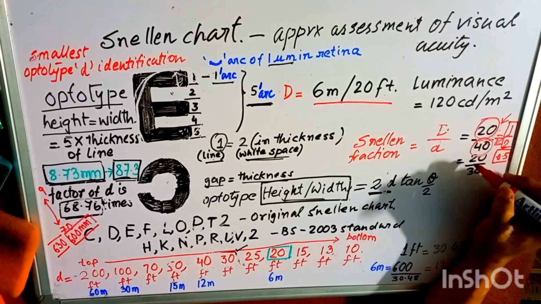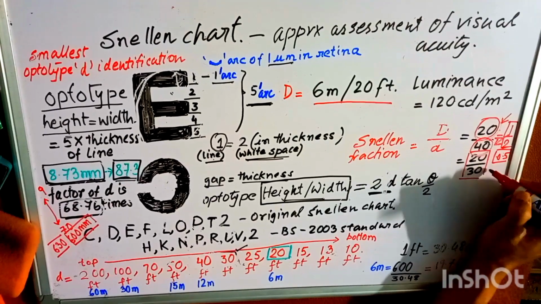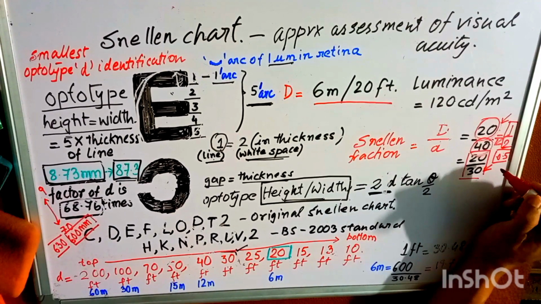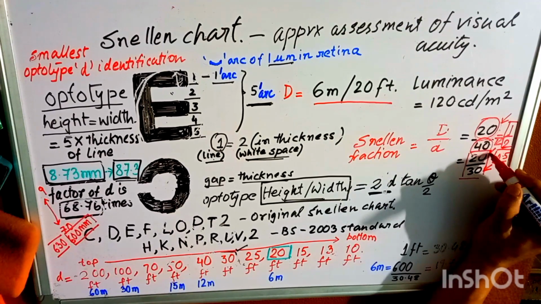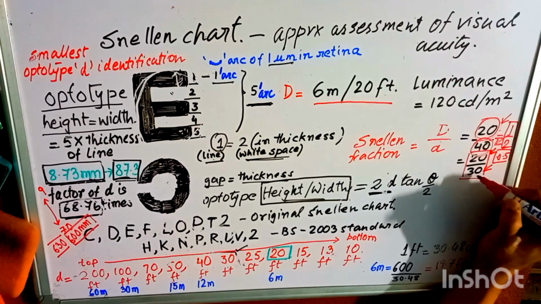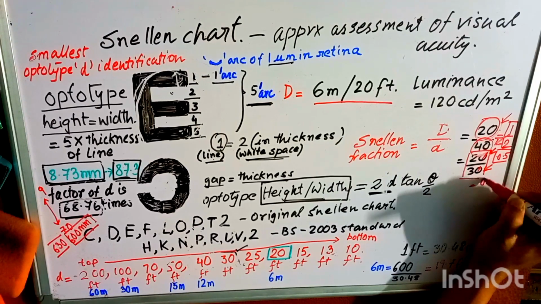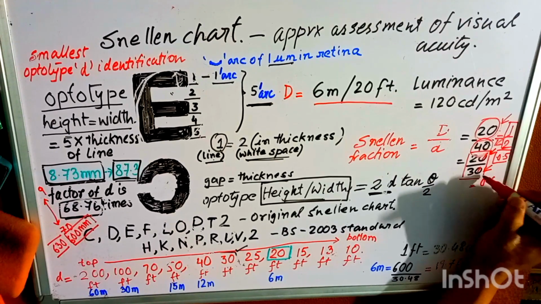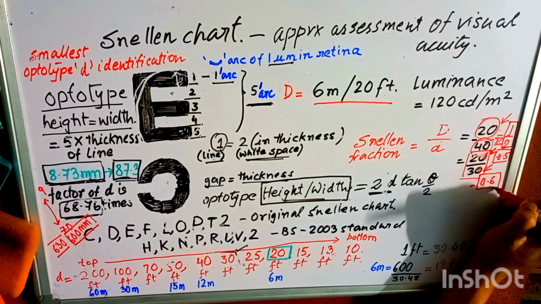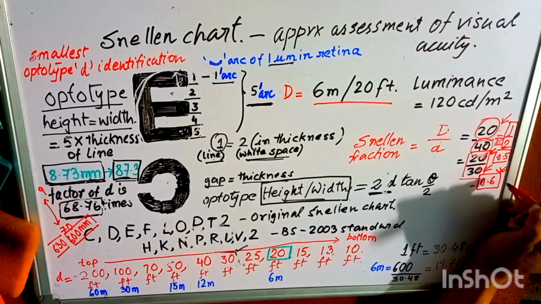If somebody cannot read the letter which he should have read at 30 feet, sitting at 20 feet, then 20 by 30 is 0.6. So he has a lesser visual acuity than 1. It has diminished by 40 percent.